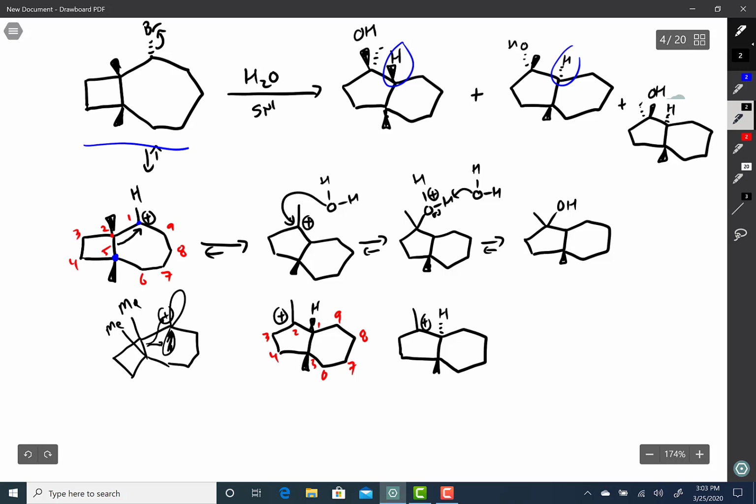Try this one. That's if it adds to the opposite face. And then this one right here, if it adds from the opposite face of the hydrogen. So technically, you should be able to get all of these products. Since the starting material started out as racemic, each one of these would be racemic.